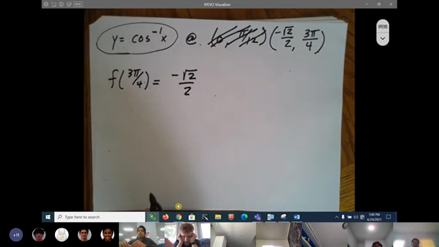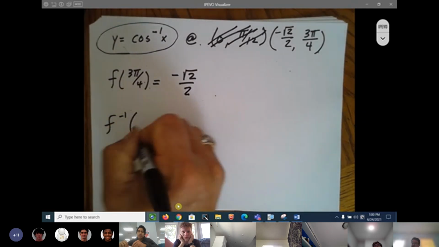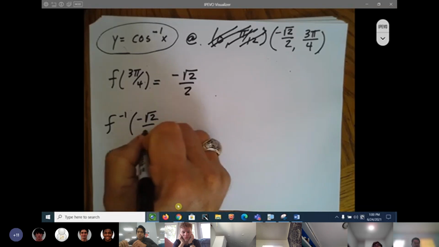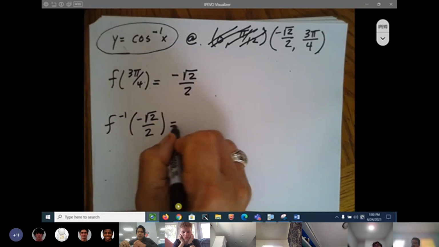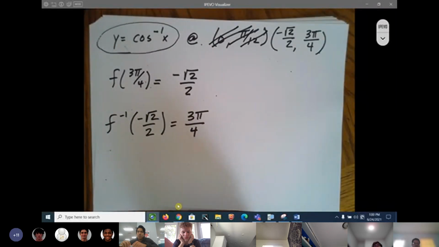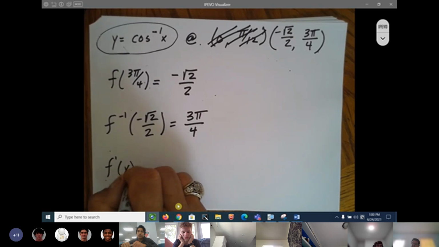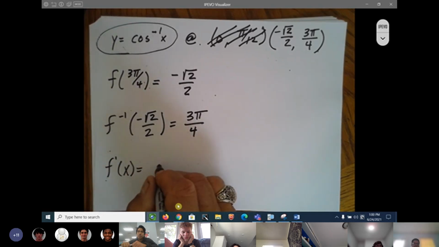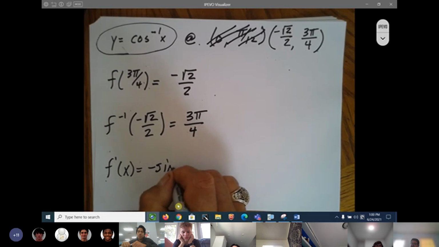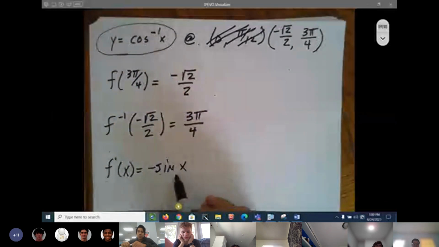All right? So f inverse of negative square root of 2 over 2 is equal to 3 pi over 4. And f prime of x is equal to negative sine of x. The derivative of cosine is a negative sine.